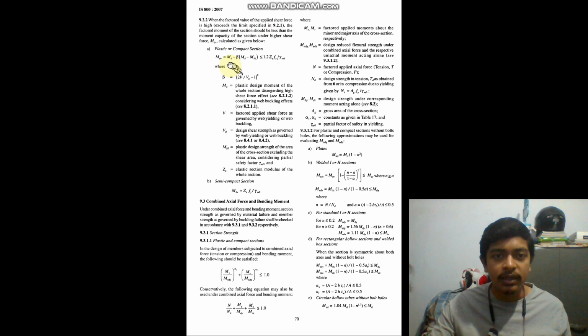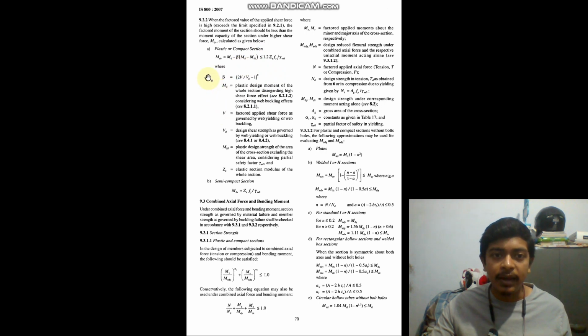So here you can see for plastic and compact section the formula is given here. Md is the design strength that we have calculated before. If it's a low shear case, then that will be the value of moment that we have calculated, and this is the deduction which is required for high shear case, right?